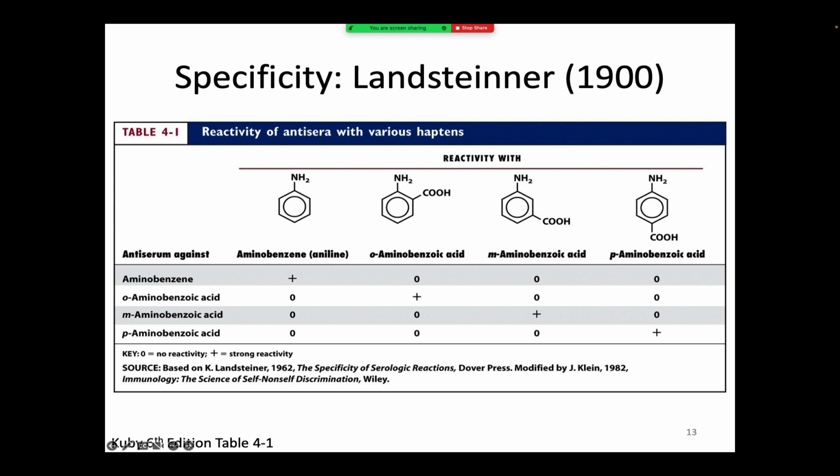In fact, in 1900, Landsteiner did some experiments where he was doing fancy organic chemistry and made chemicals that had never before been made. They were different dyes. And he injected those dyes into mice. So these are not proteins, not carbohydrates, not lipids, not nucleic acids.